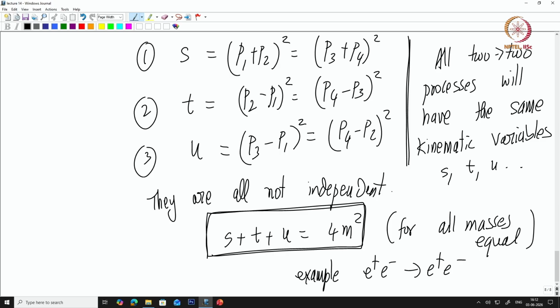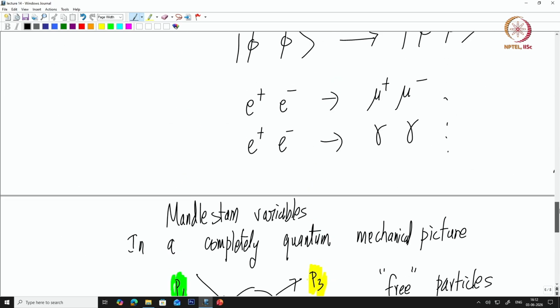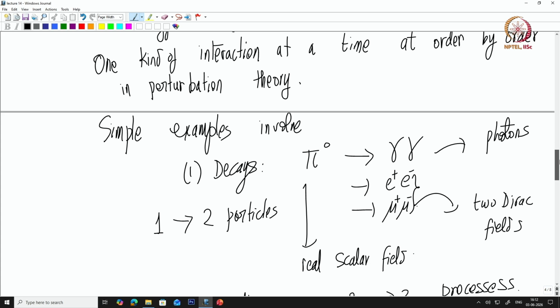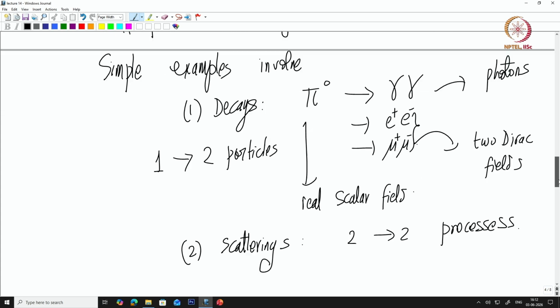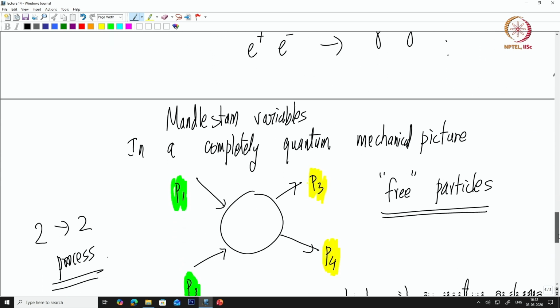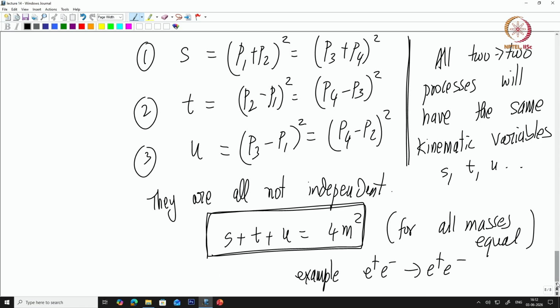Okay. So, now we have seen the decay examples, and we can see the same thing for the scattering. In a given process the energy and momentum should be conserved.